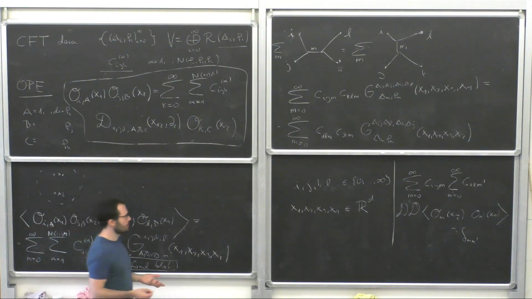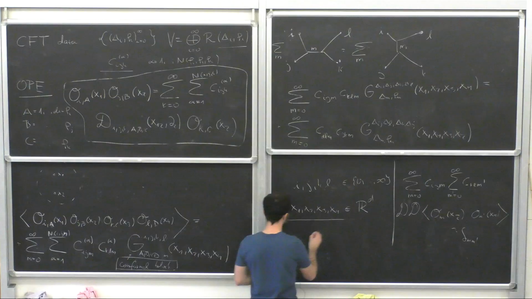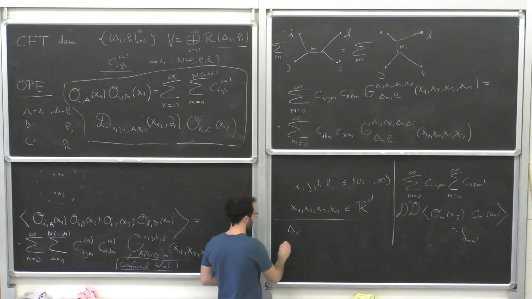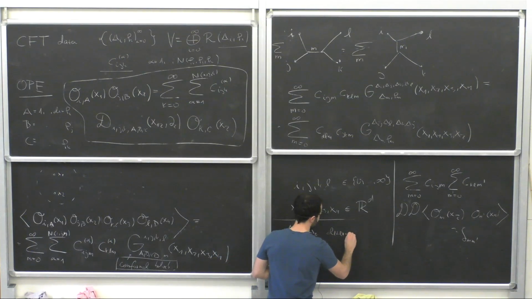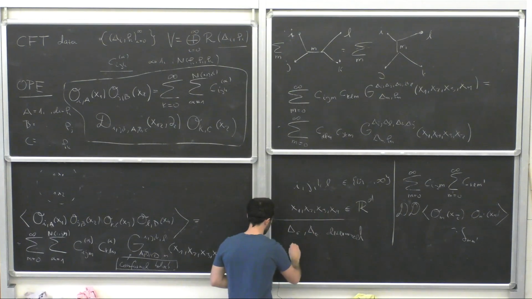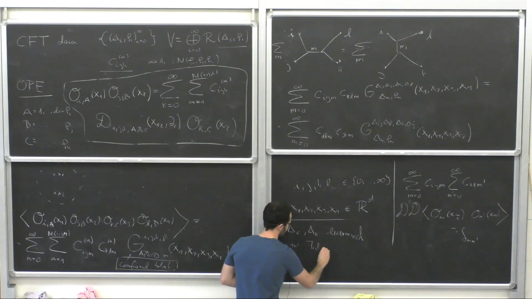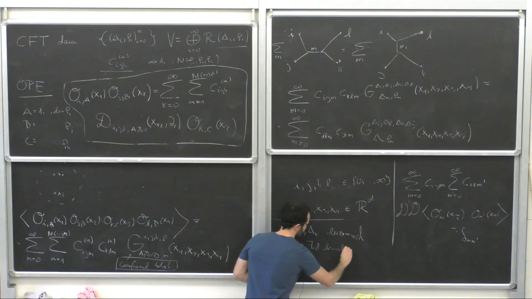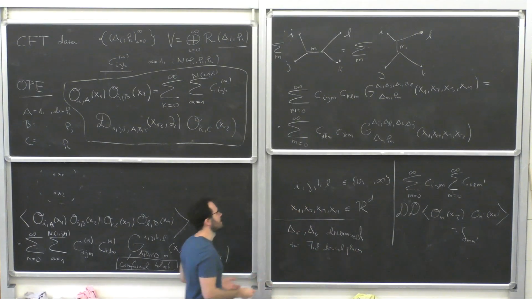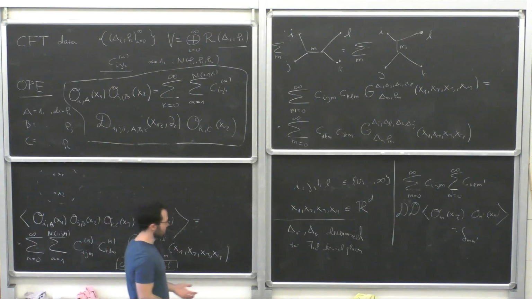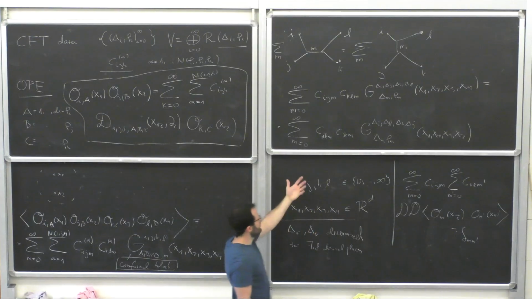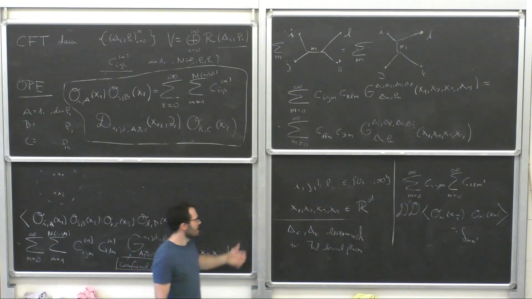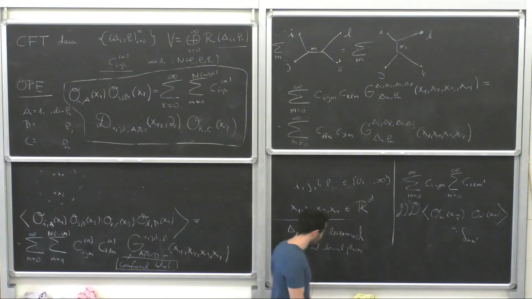And they found that for the critical 3-dimensional Ising model, the scaling dimensions delta sigma and delta epsilon are determined by this equation to I think like 7 or 8 decimal places. But okay, the process of actually getting there is very technical, very hard, because these conformal blocks are some complicated functions. You're trying to solve infinitely many equations in infinitely many variables, so it's not clear how to solve anything analytically.